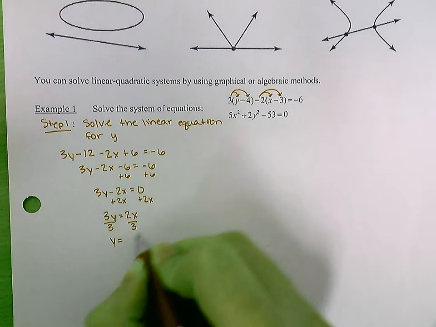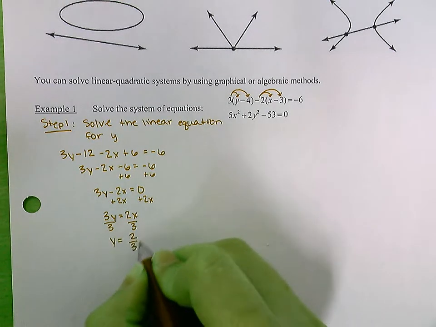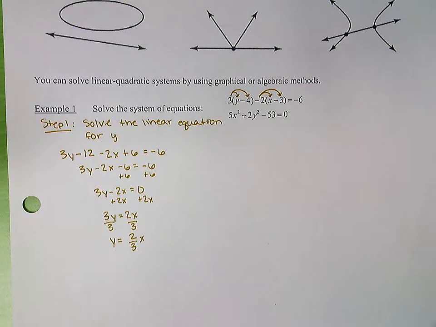So I do end up with y equals 2/3 x. I wanted to solve for y because now to solve this system, what I want to do is plug in what I found for y. So you're substituting.